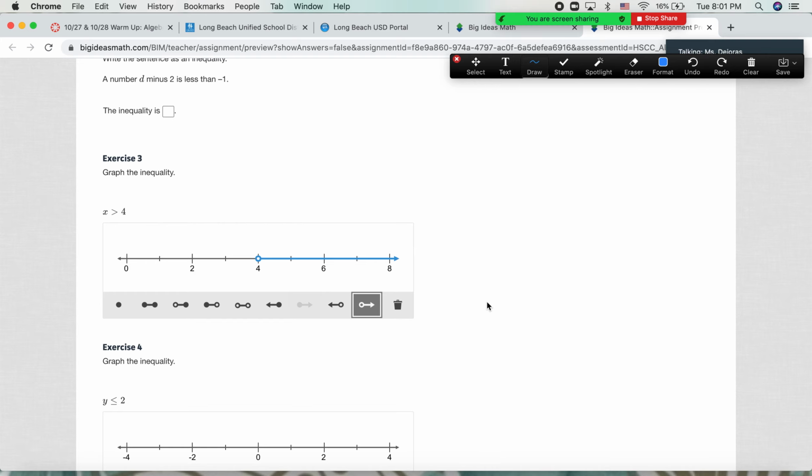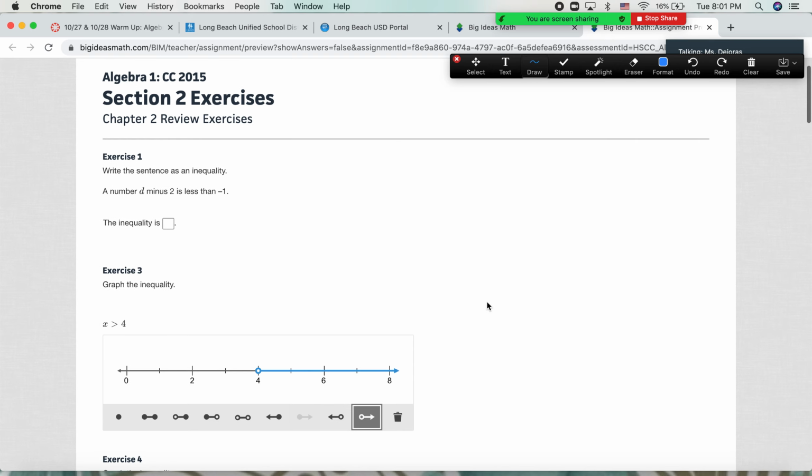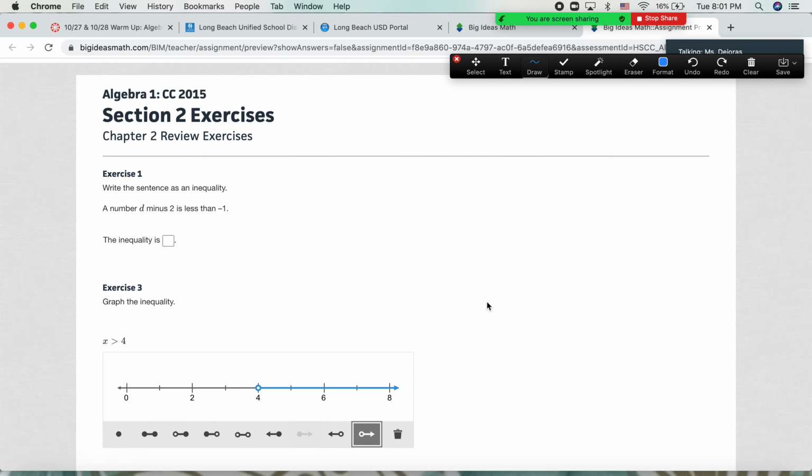Alright. One last thing before I let you guys work independently on your asynchronous assignment. Number 1 is asking you to write the sentence as an inequality. That means that your answer in this box should look something like this. So it has a variable, an inequality symbol, and a number.